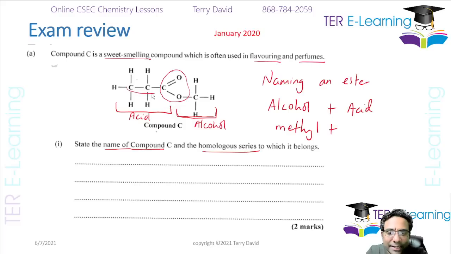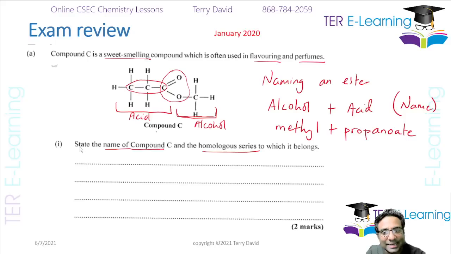In the case of the acid here, you have 3 carbon atoms, so that's meth-eth-prop. That is propanoic acid. So from the acid part, this is going to be propanoate. So this is how we name an ester. The name of this compound C is methyl propanoate.